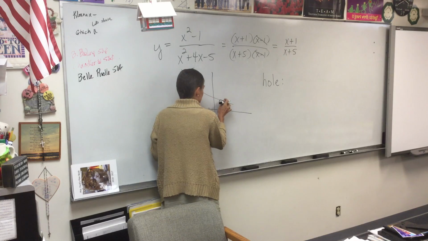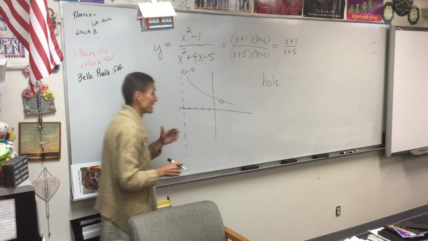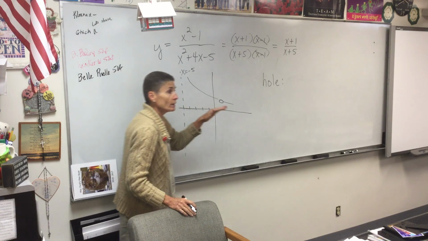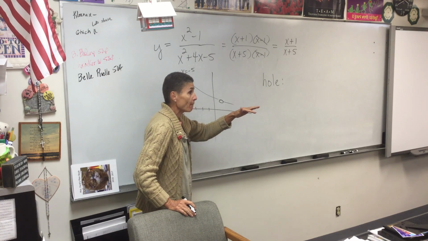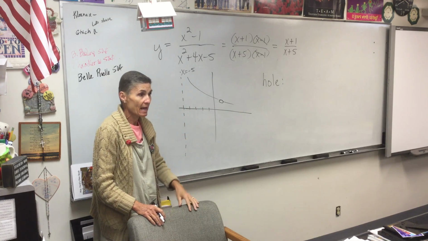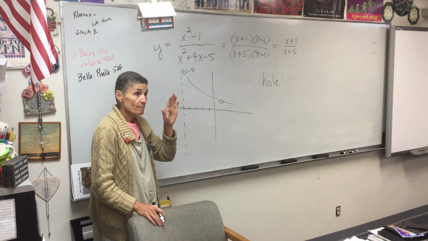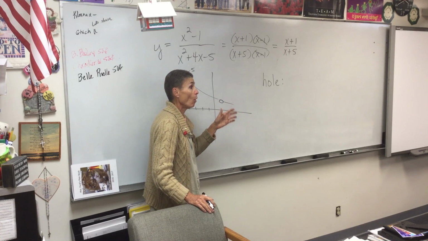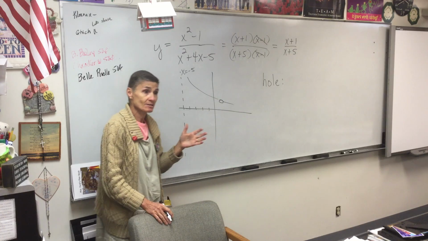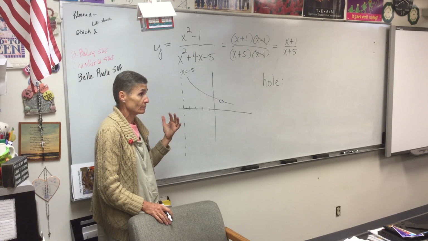The curve is going to skip through. The only time holes happen is when you cancel something out. So remember that, because I will ask you where the holes are, and sometimes there aren't any, because if nothing cancels, you're not going to have a hole.